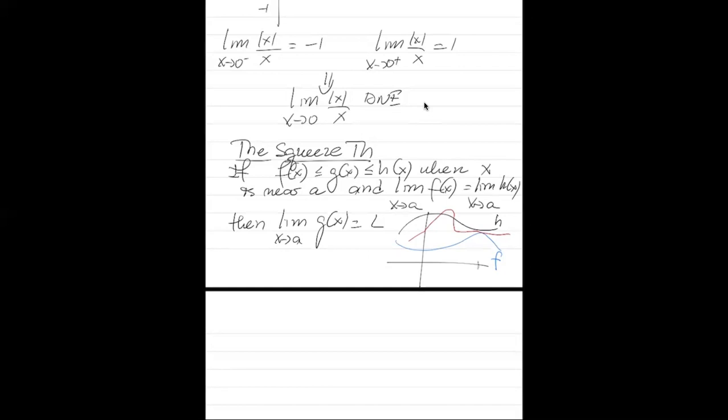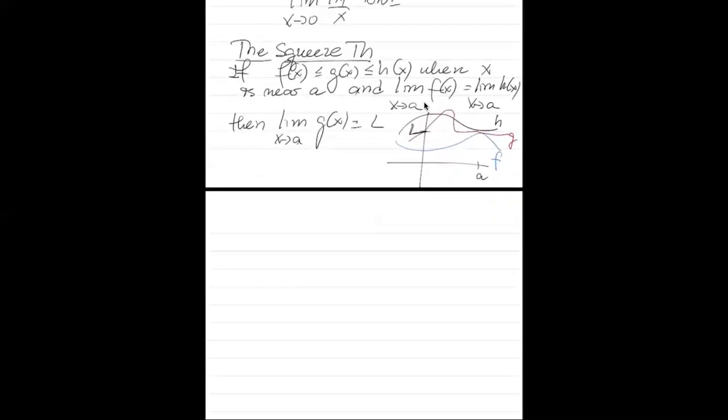So here's a, and over here is L. You can see that the function g has nowhere to go, but has to go between h and f and have the same limit L. So we use that theorem whenever we have to find limits in a non-traditional way.